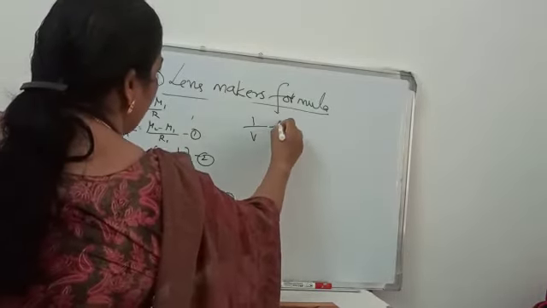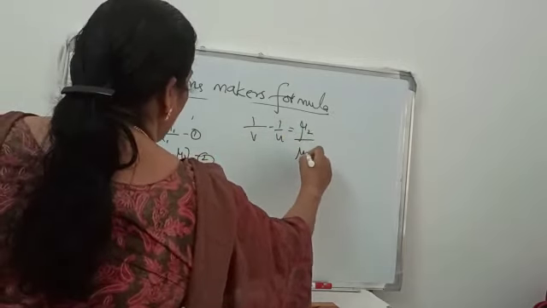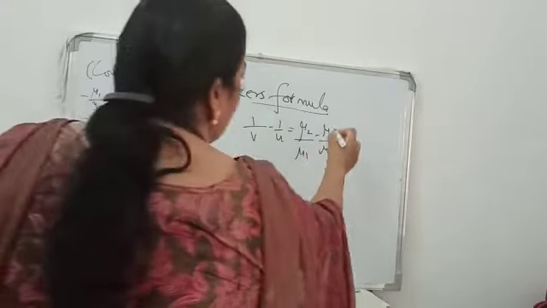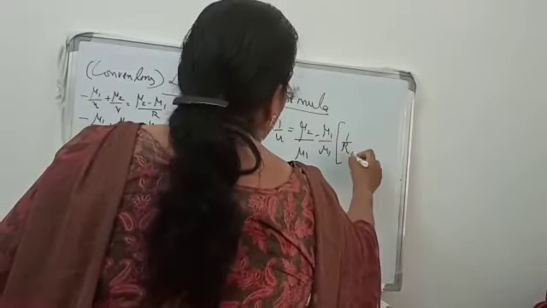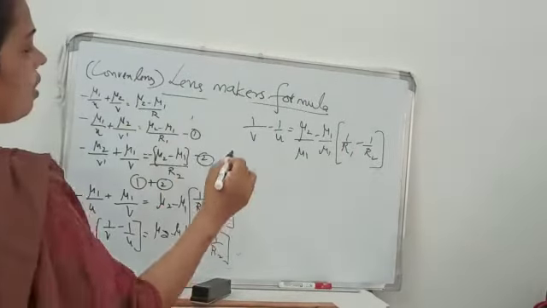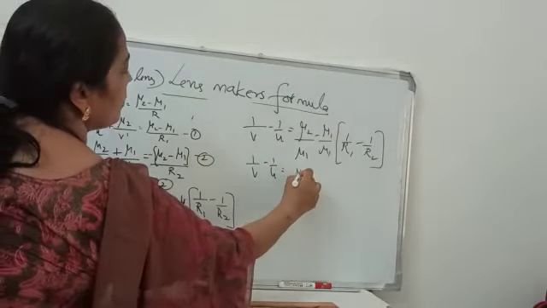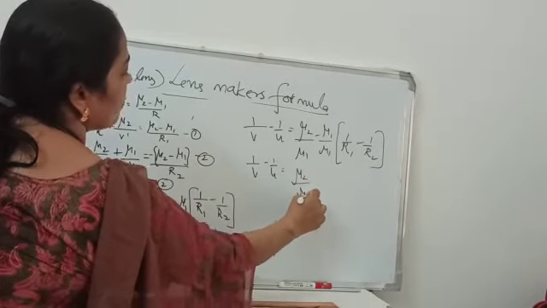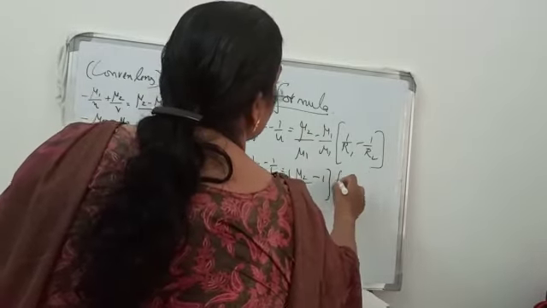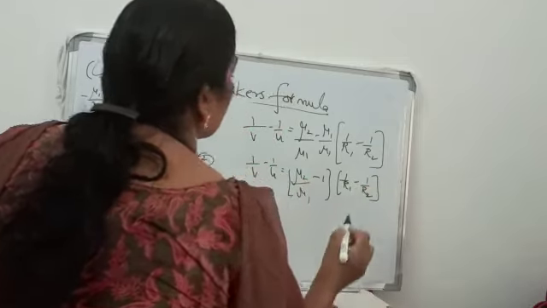I get 1 by v minus 1 by u is mu2 by mu1 minus mu1 by mu1 into 1 by r1 minus 1 by r2, or 1 by v minus 1 by u equal to mu2 by mu1 minus 1 into 1 by r1 minus 1 by r2.